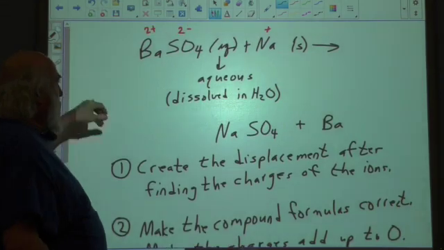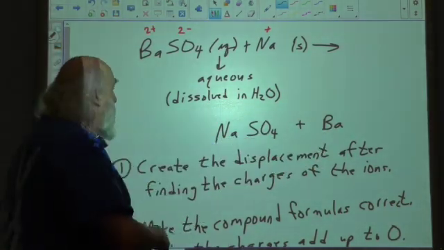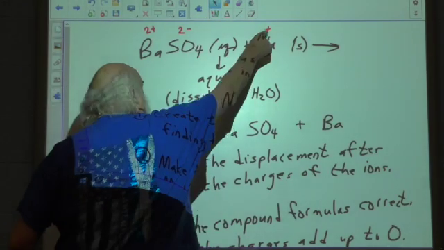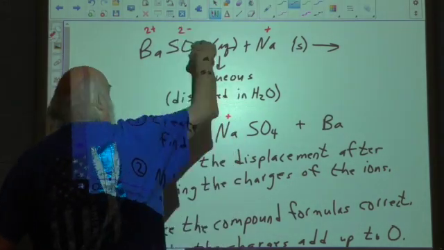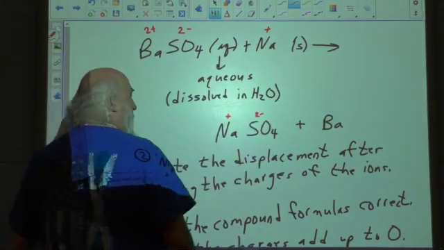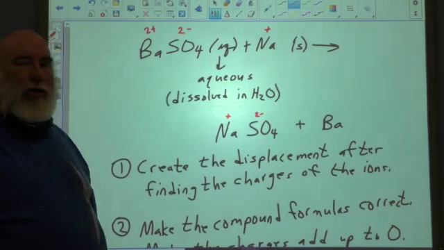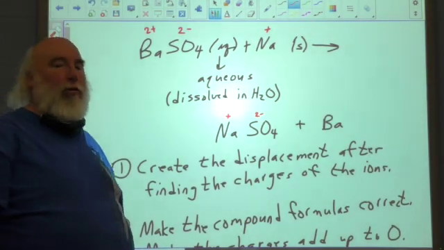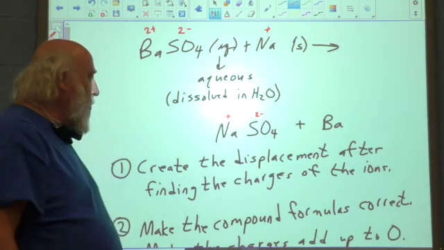Well, let's go ahead and put the charges for these. We don't need to put it there because it's not creating a compound anymore. But take the plus charge for the sodium right here, take the 2 negative charges of sulfate there, and we ask ourselves, does that create a charge of 0 when you add them together? And of course the answer is no.